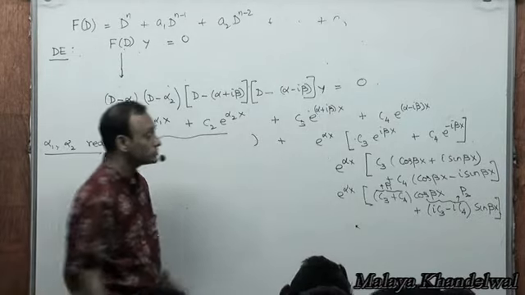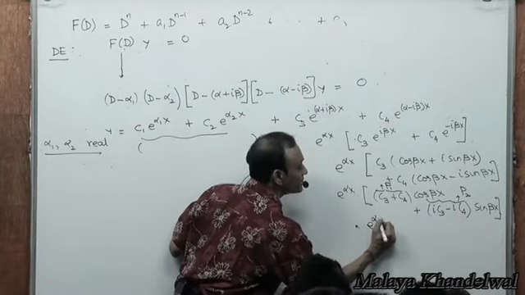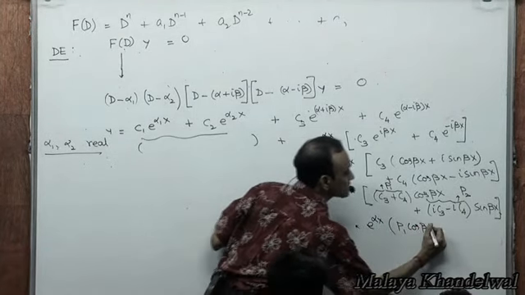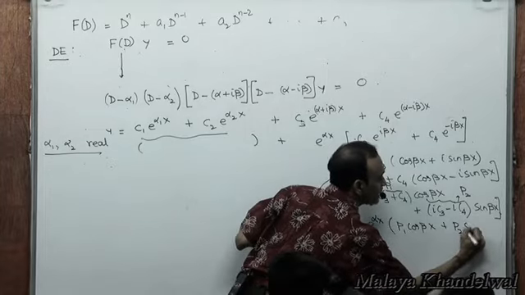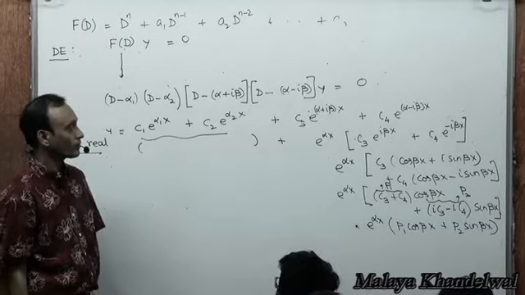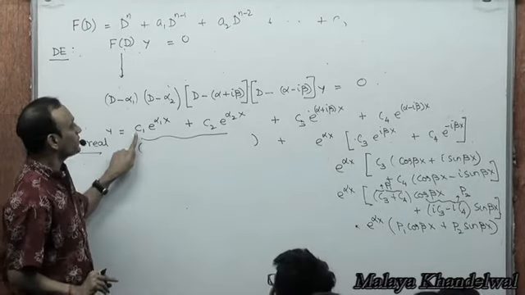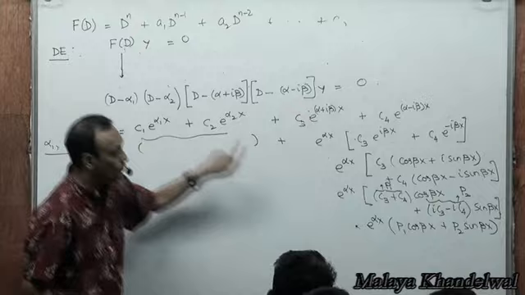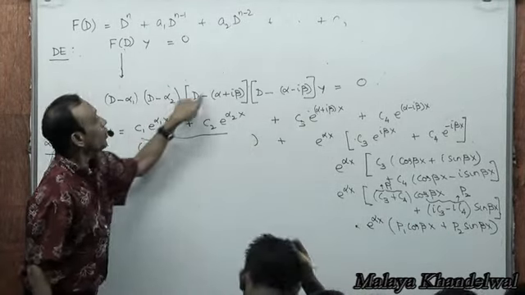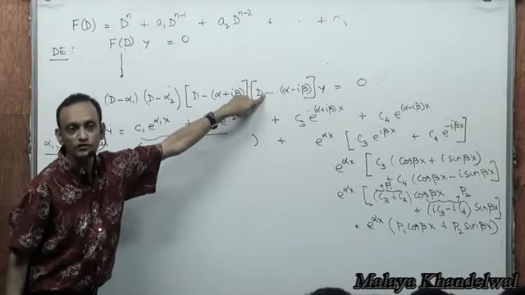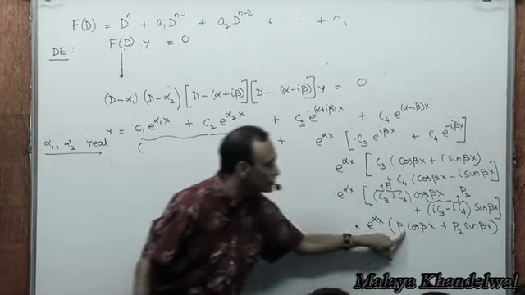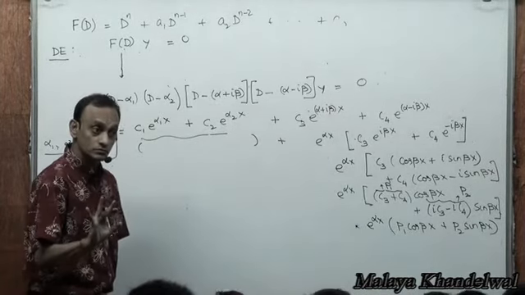So this is the contribution made as e power alpha x (P1 cos beta x plus P2 sin beta x). Essentially, how many arbitrary constants? 1, 2, 3 and 4, which is what you expected because it was a differential equation of order 4.